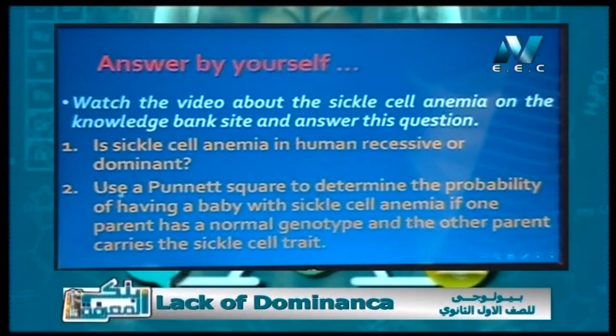The second question: use a Punnett square to determine the probability of having a baby with sickle cell anemia if one parent has a normal genotype and the other parent carries the sickle cell trait. We don't have much time, so they can check the website and get it.